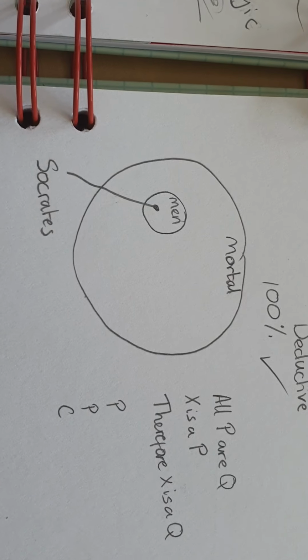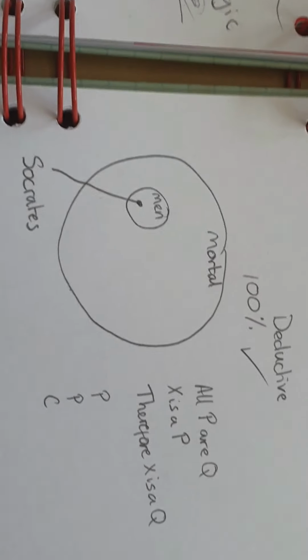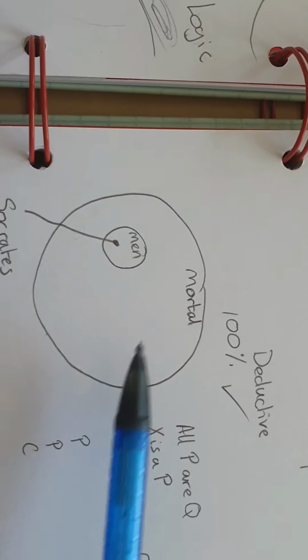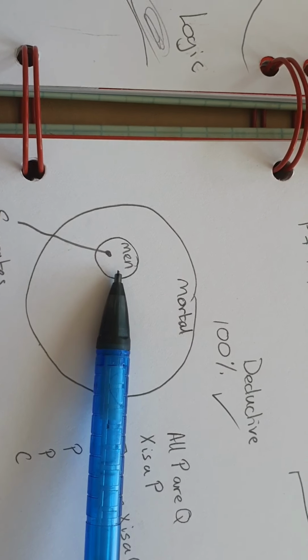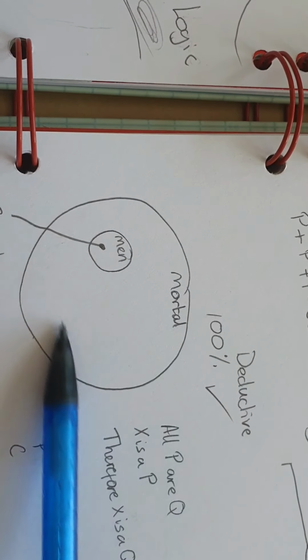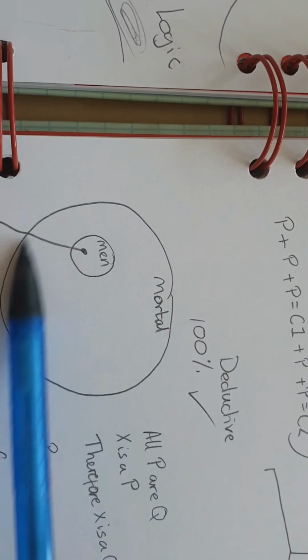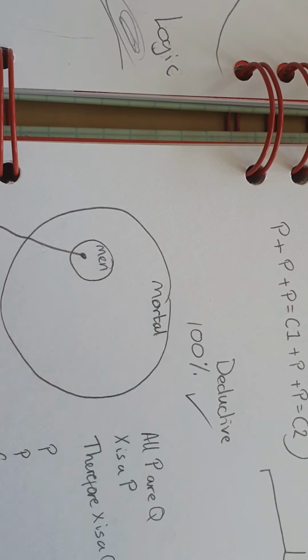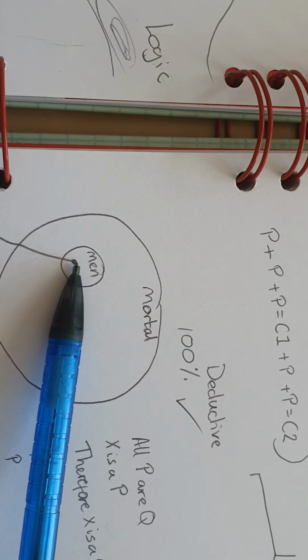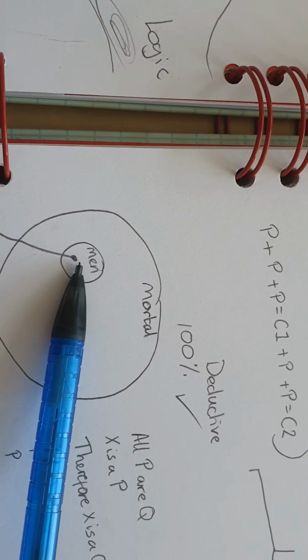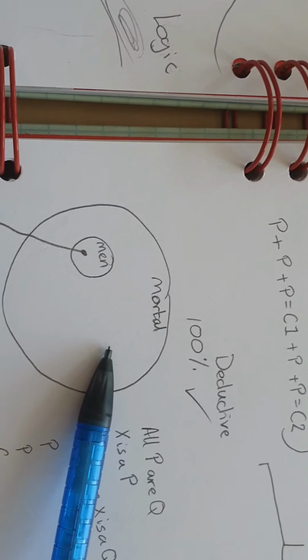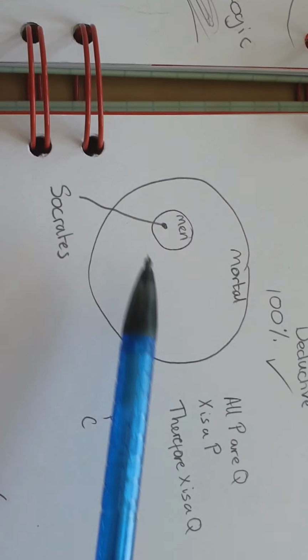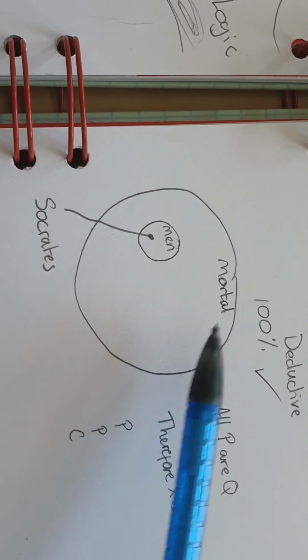So we've got the category of men, and everything that fits in this category of men also fits into the wider category of mortal. Okay, so all the men are inside of this category of mortal. So therefore we know that if Socrates is inside the category of men, he's also inside the category of mortal. We can see that from the way that the diagram is structured.